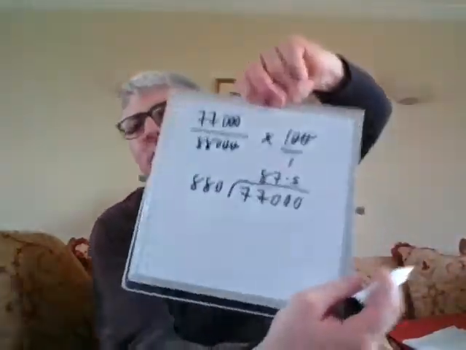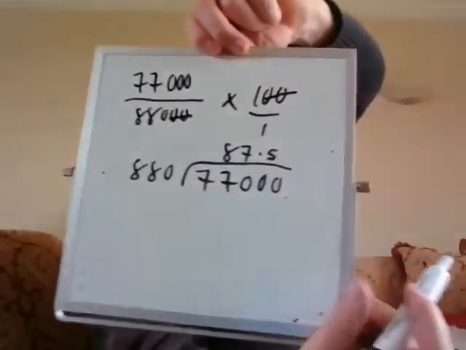So I've just done 88, divide that, 880 divide that into 77,000 gives you 87.5. I just wanted you to see that.